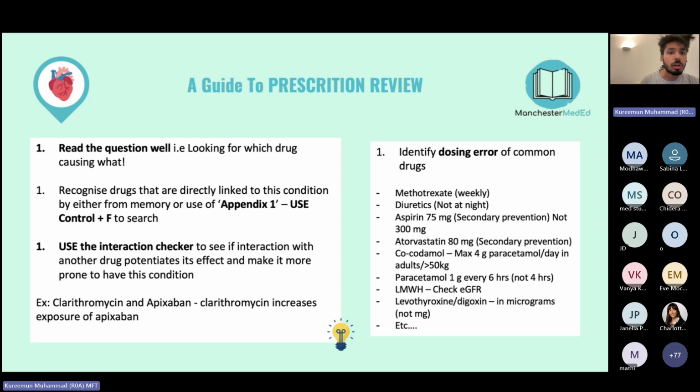If a patient's on low molecular weight heparin, you check their GFR, because which dose you're prescribing depends on the kidney function. Levothyroxine and digoxin are prescribed in micrograms. So for this section, they can put in levothyroxine prescribed in milligrams instead of micrograms, just for you to be aware of.